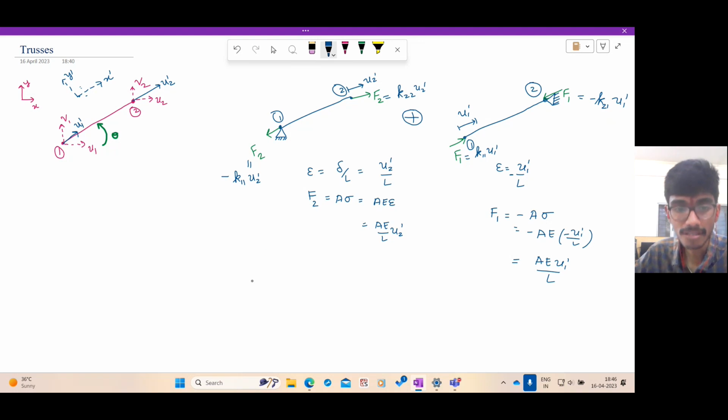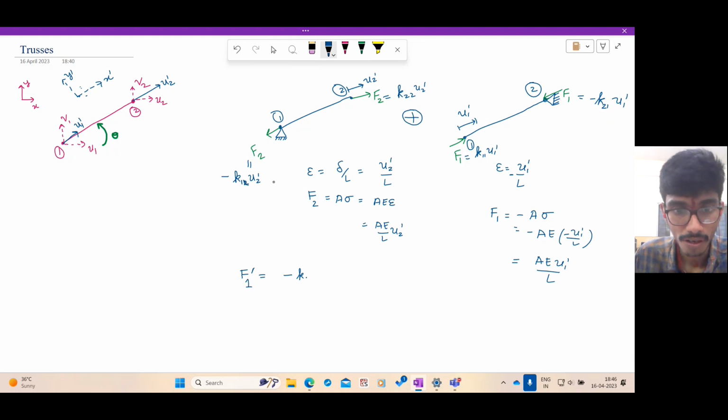Now, what are the total forces? In the correct sign convention, the total force at node 1 in the local coordinate system, F1 dash, is equal to minus K11. Just a minute, this is not K11, this is the force at 1 due to a displacement applied at 2.